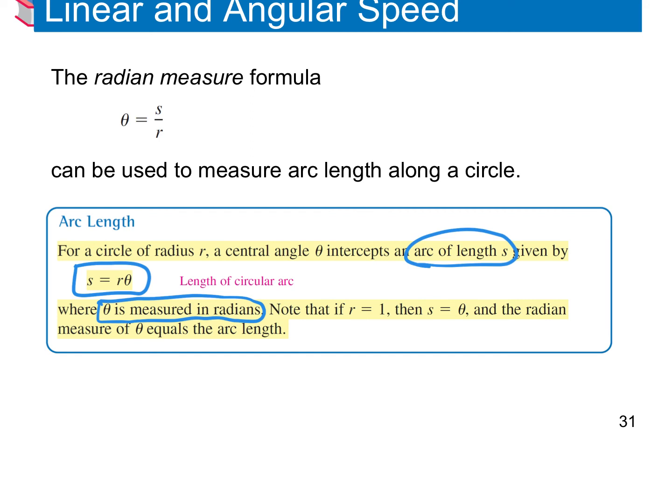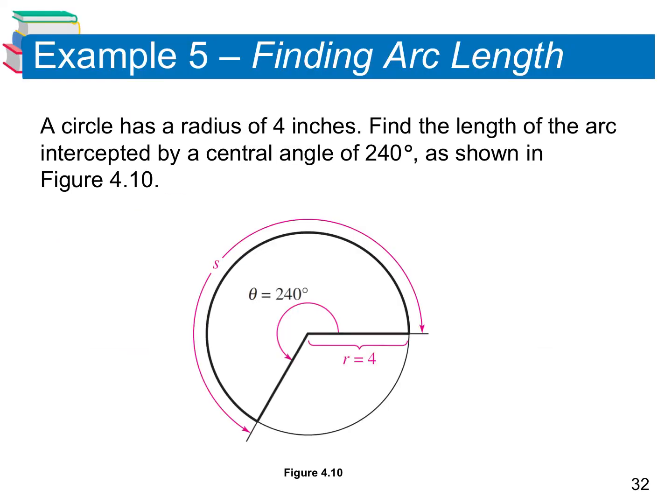We've seen this before. So for example 5, a circle has a radius of 4 inches, so our r is 4. Find the length of the arc intercepted by a central angle of 240 degrees. So our arc length formula is what?